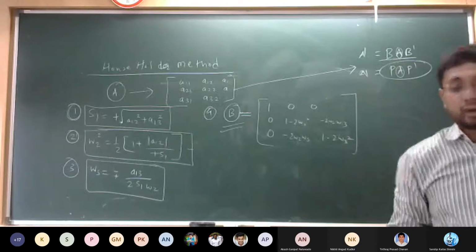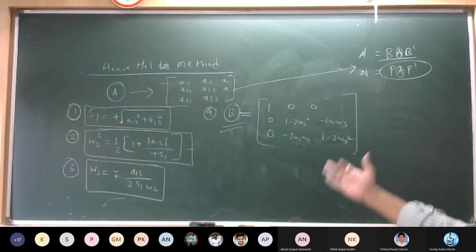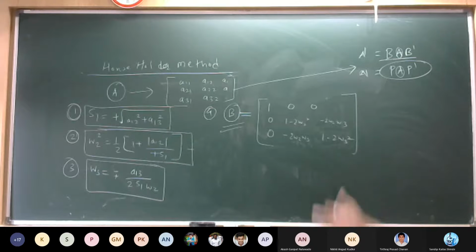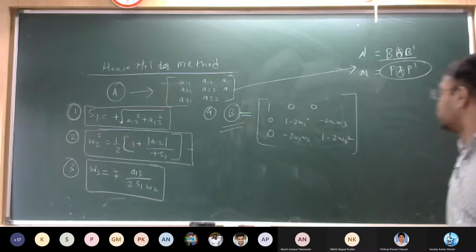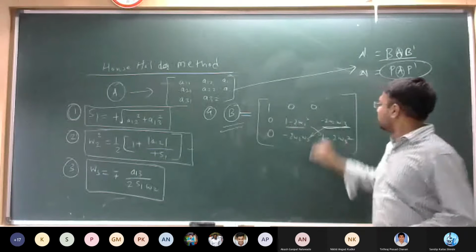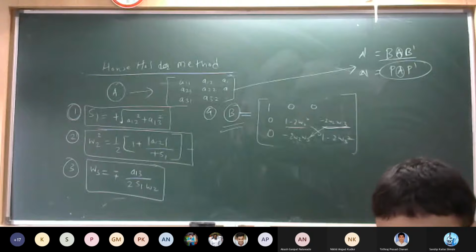Some other time they may ask to calculate up to B also. It will be very easy: just calculate the S1 value, put the value in W2, and then calculate W3. Using W2 and W3, calculate these values, and this value would be the same, so we can calculate the B matrix very easily.